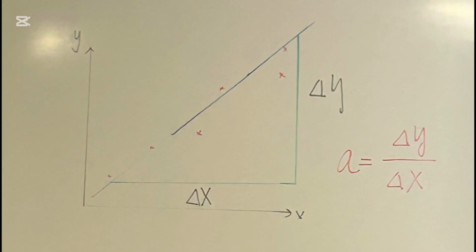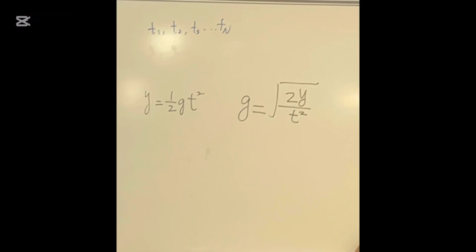Last part is for calculus students. If you have G equals 2y divided by t squared, correct?